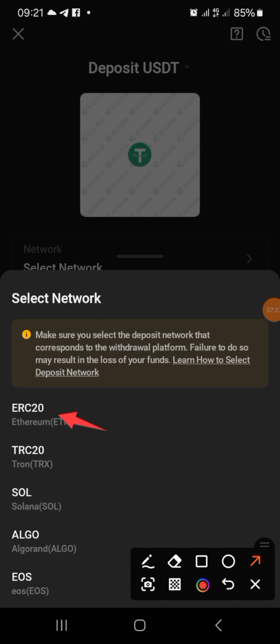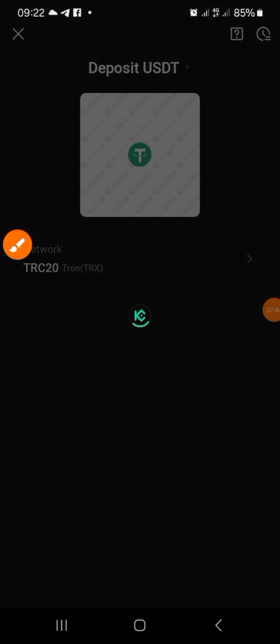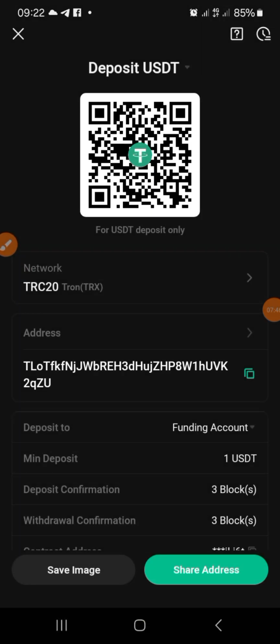You can see the Ethereum network. This is a Tron network, so the Tron network can help run those transactions. The Solana network is there, and all the rest. For this particular one, you can use the Tron network, because I think it's just a $1 fee.